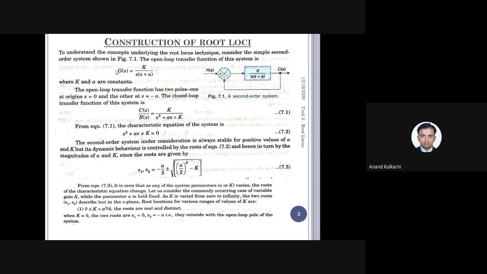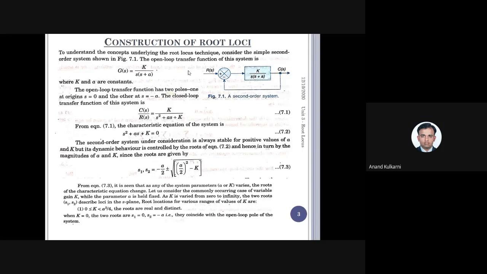So there is one pole at s equal to 0. Similarly, if you put s equal to minus a, then the s plus a term becomes 0, and because of that, the transfer function becomes infinity. So there is another pole at s plus a equal to 0, that is s equal to minus a. So there are 2 poles and no zeros in this particular system.